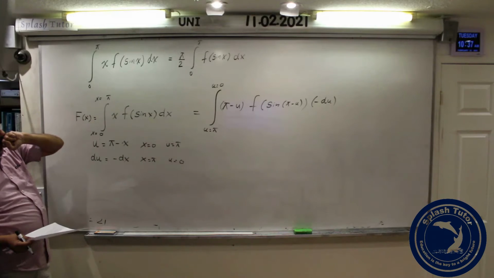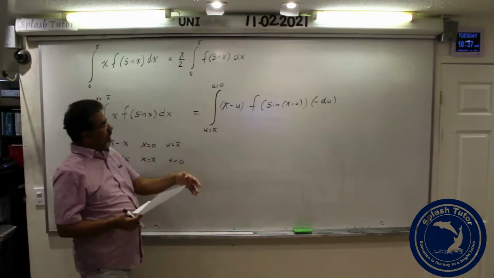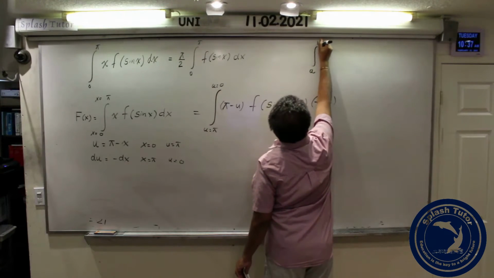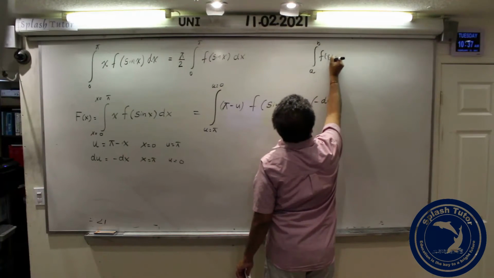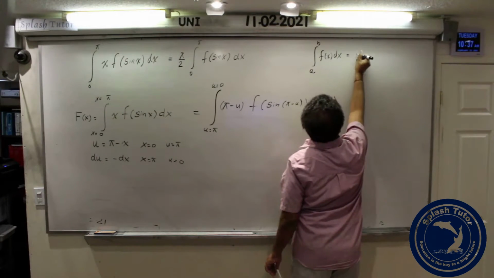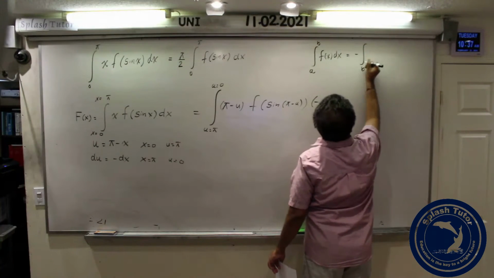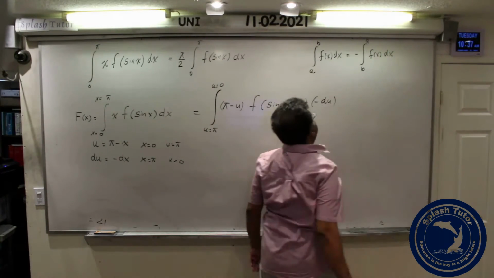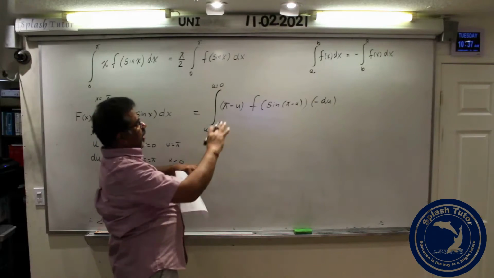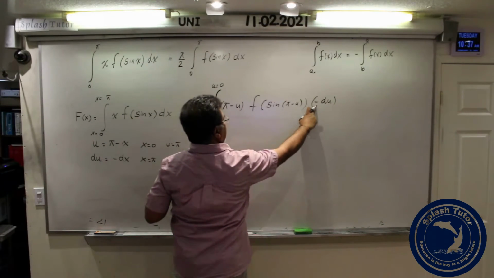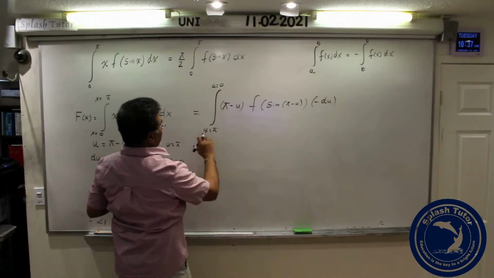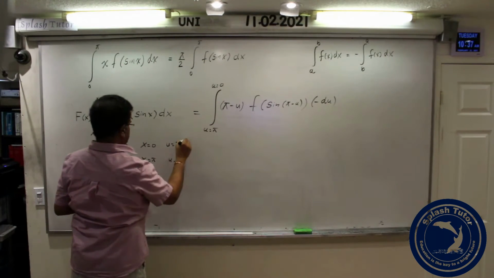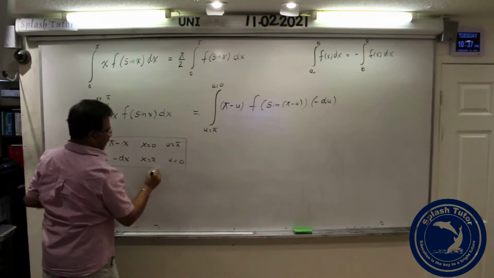Now we know that the integral from a to b of f(x) dx equals minus the integral from b to a of f(x) dx, right? So you can flip that. So this minus, I'm going to put it here so that I can flip the limits. So we'll keep this one in the box here.